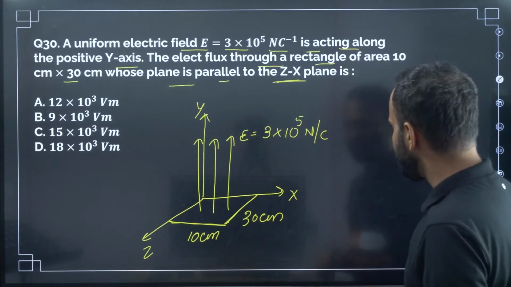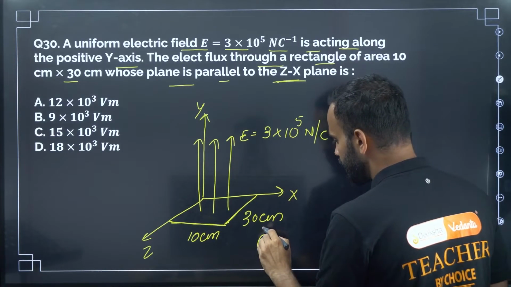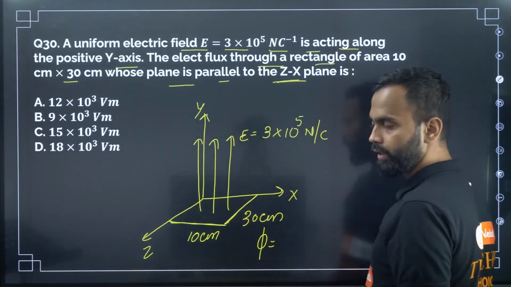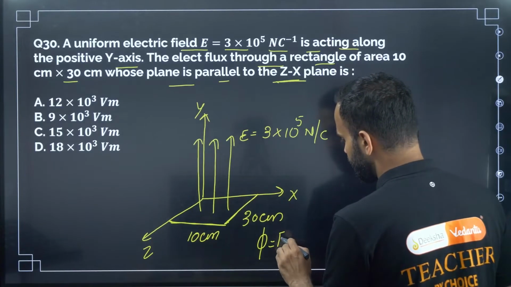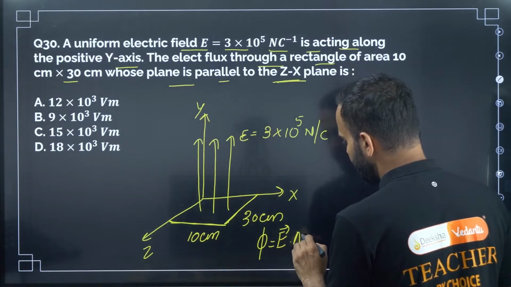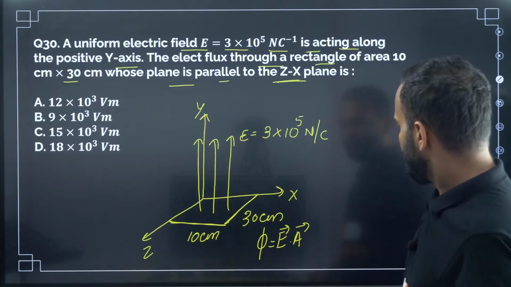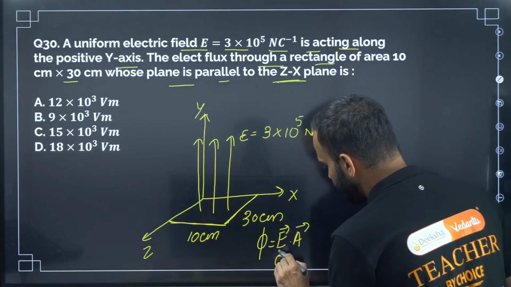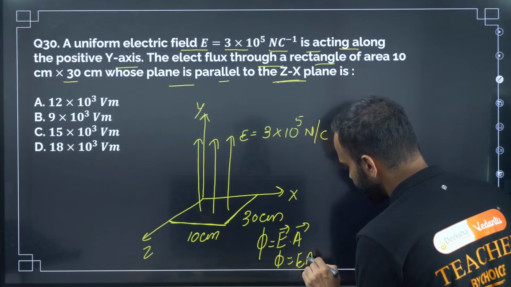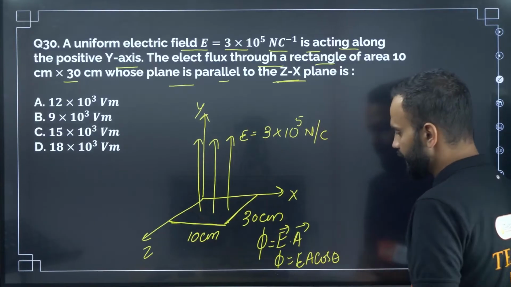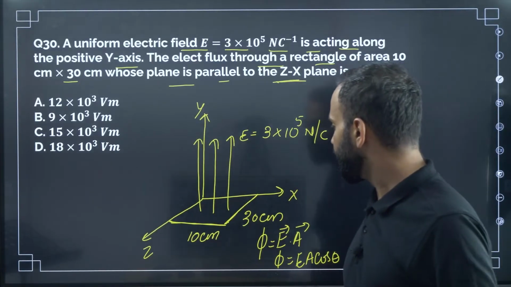Electric flux phi equal to E dot A. In scalar, phi equal to EA cos theta. Theta is the angle between electric field vector and area vector.